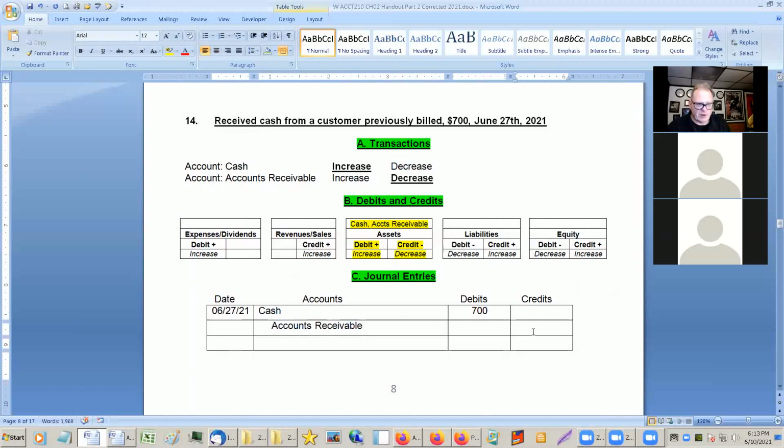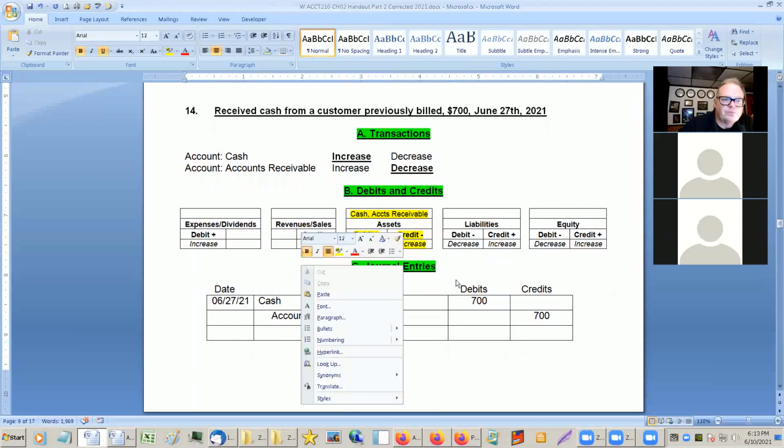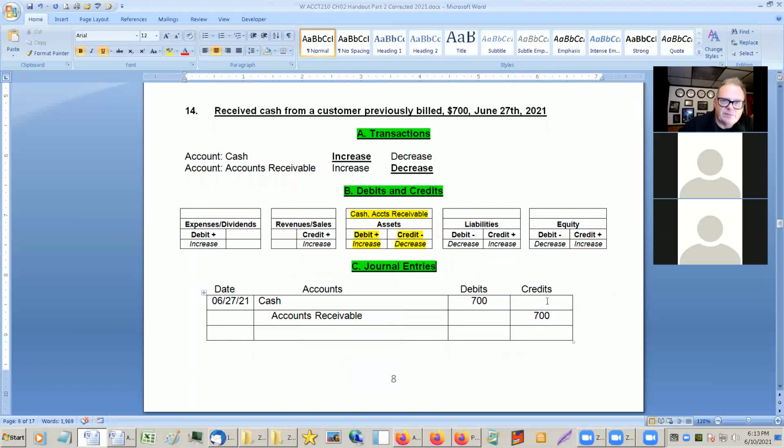Now, don't get me wrong, you're trading one asset for another, but you are happy they're paying. Obviously, you're happy they're paying it. You'd rather have the cash than the accounts receivable, I'll put it that way. So while this looks like a no win, it actually is a good thing when those get paid off. All right.